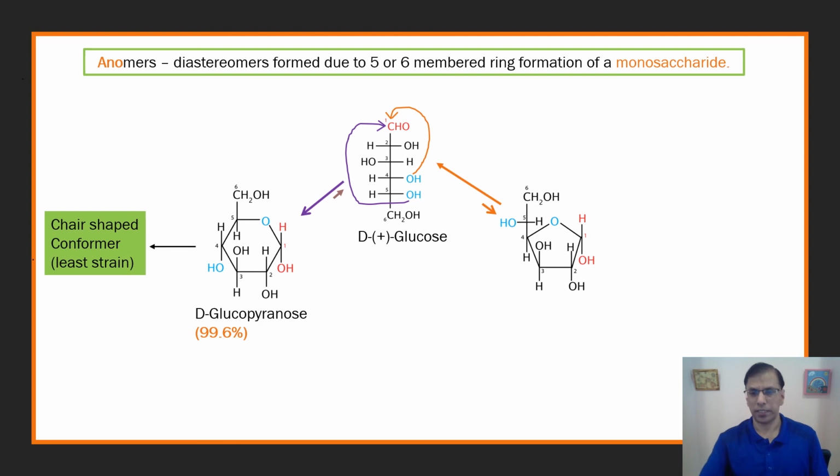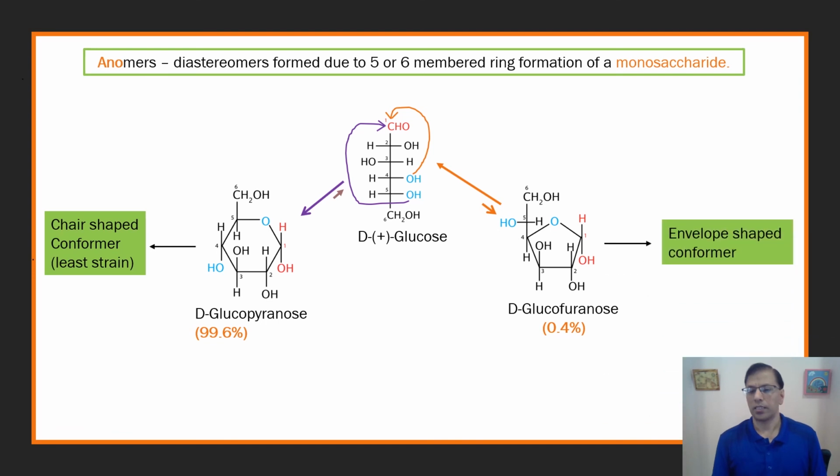I have explained the structures of cyclohexane and cyclopentane in another video called Conformations. Please refer to that video for additional information. So this is D-glucofuranose, and it is just 0.4%, and it has an envelope-shaped conformer.